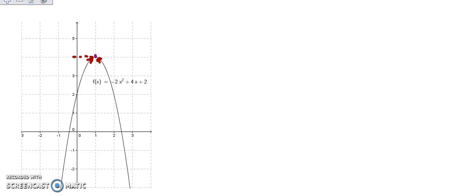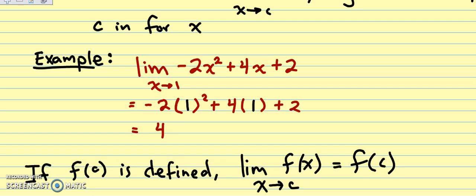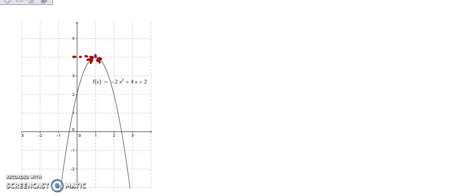So in other words, if f of c is defined, then the limit of f of x as x approaches c is equal to f of c. This makes sense because it just happens that f of 1 is defined for the graph, and we know that f of 1 is 4.